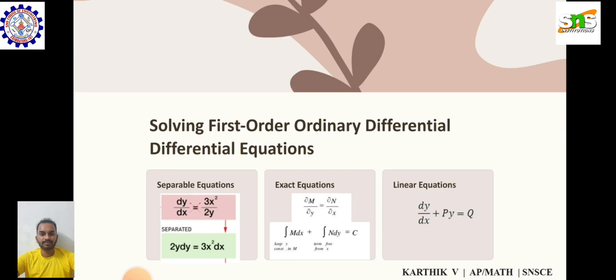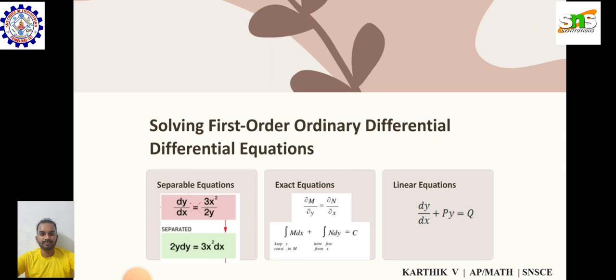For example, given the first order ODE dy/dx = 3x square/2y, separate the variables by moving terms involving y to one side and terms involving x to the other side. Then it will be 2y dy = 3x square dx. After that, integrate on both sides, and we get the solution.